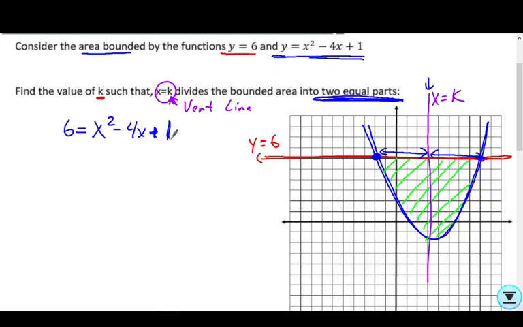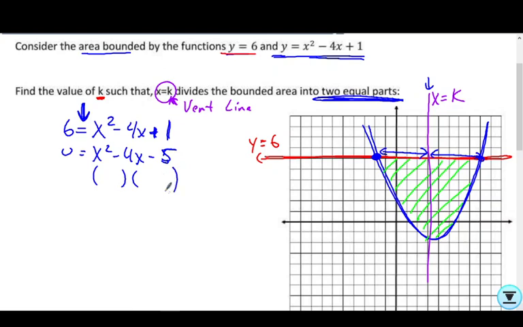When we talk about things being the same in mathematics, we talk about them being equal. So if we want to know where two things are exactly the same, we set them equal to each other. When we do that and move the 6 over, we get x squared minus 4x minus 5. Factor it.